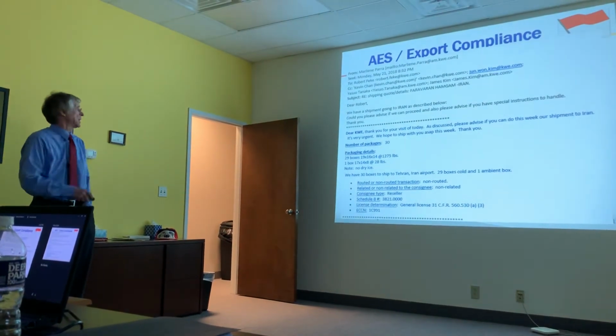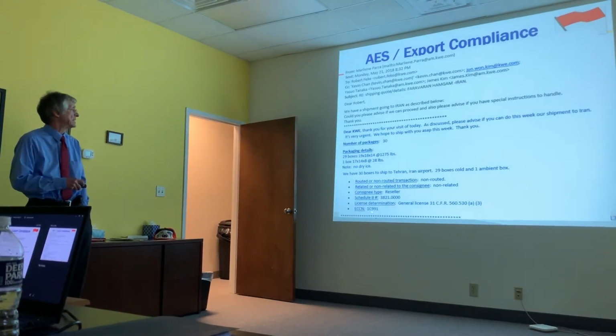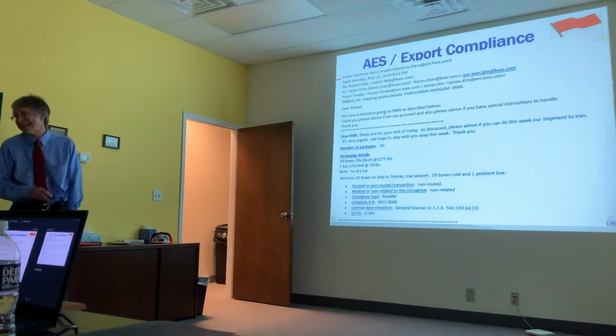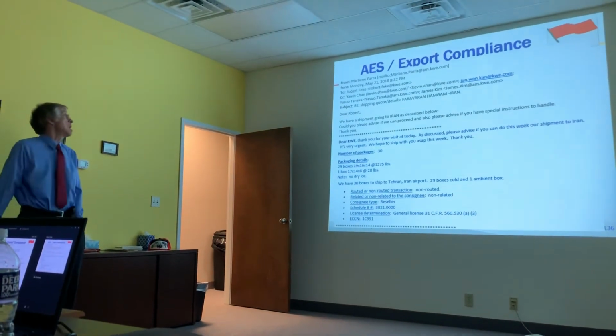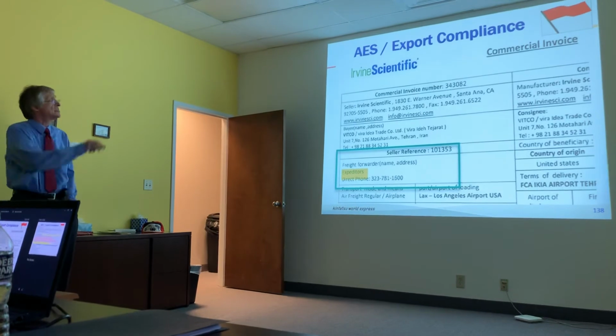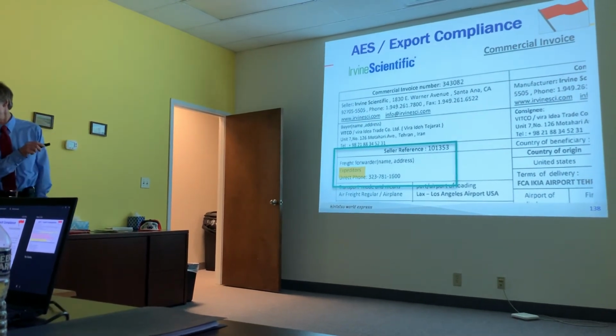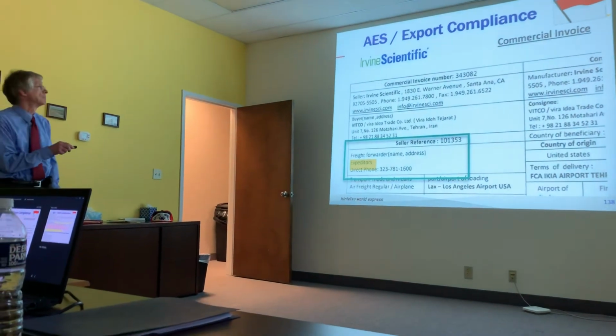So they gave me the particulars of the shipment here. Now, the problem with this was the ECCN they gave me, which was 1C991. Well, that's not good. And this was the commercial invoice provided to us by the shipper.